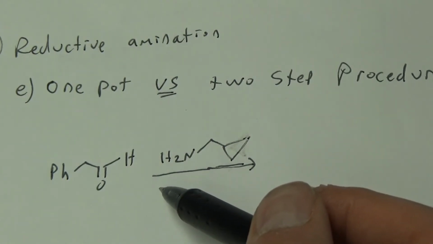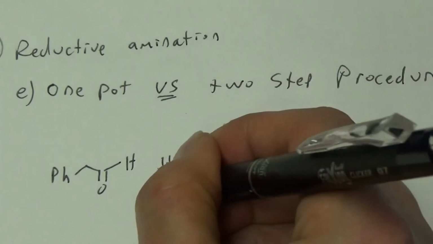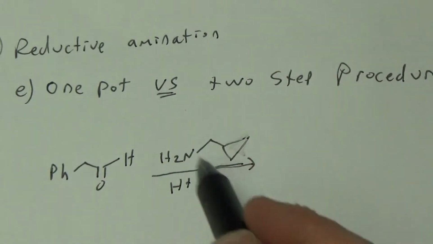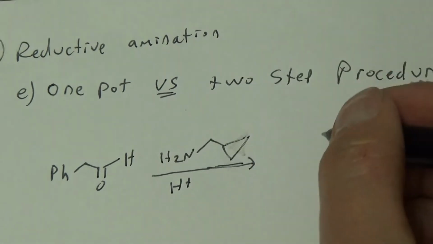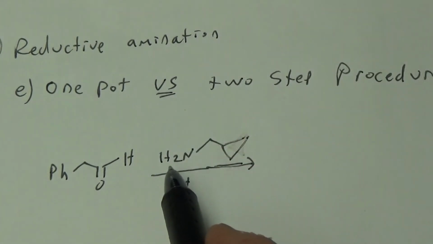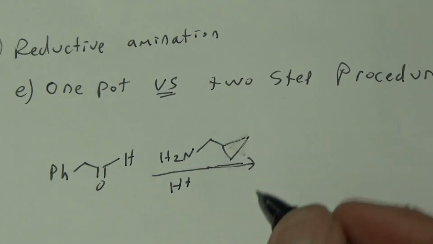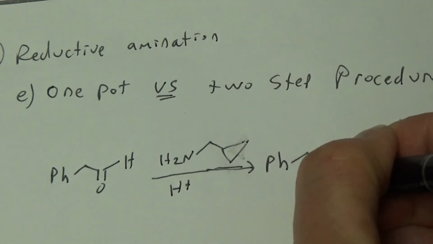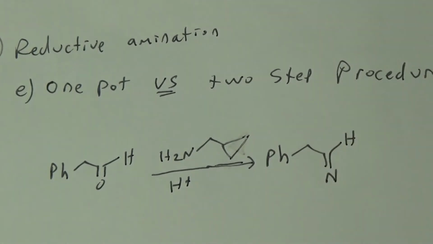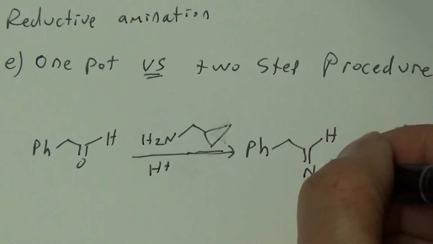It seems kind of trivial, but in the lab, there's reasons you want to do it one way or the other. Okay, so if we want to make the imine as a separate step, it's aldehyde, amine, and then the catalytic acid. And then what's the imine going to look like? Well, the nitrogen is going to be connected to the carbon, right? And then you have a CH2 and a cyclopropane.